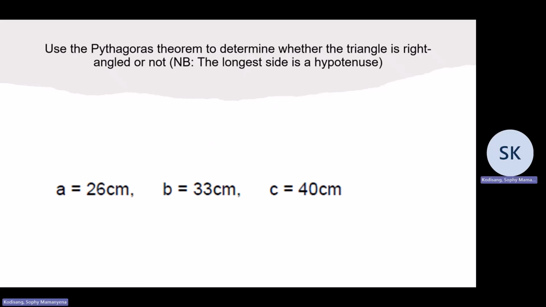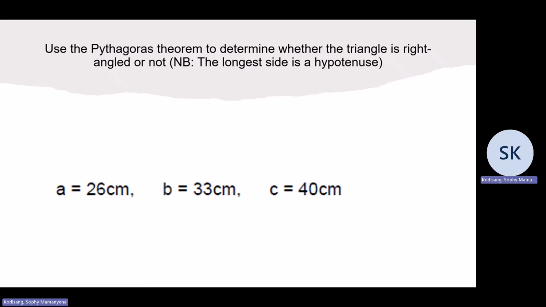You can guess from here that the longest side obviously will be the side with a dimension of 40 centimeters. Then it immediately tells you that the hypotenuse is 40 centimeters.